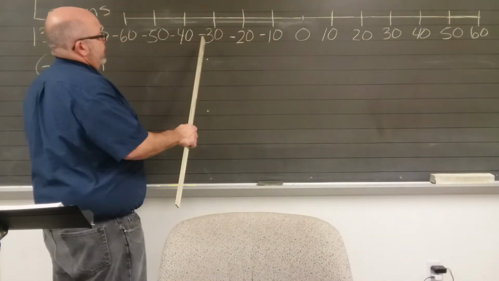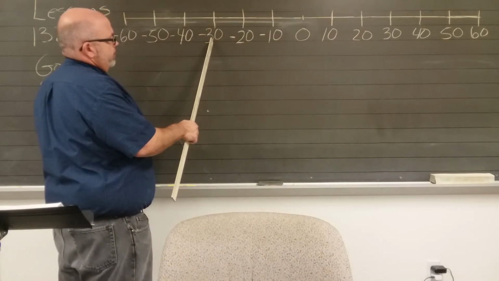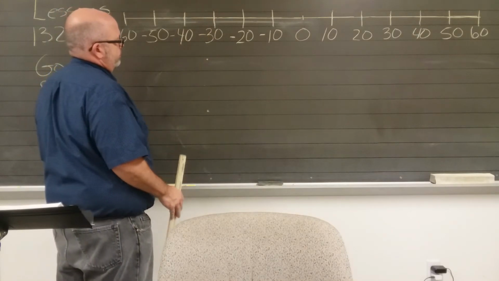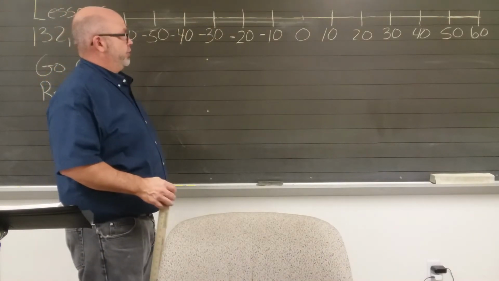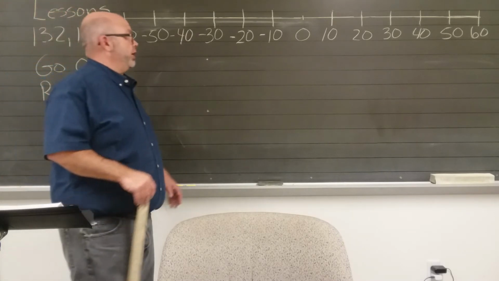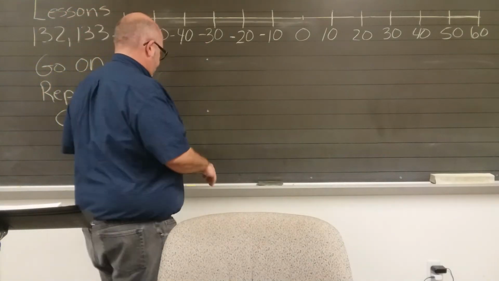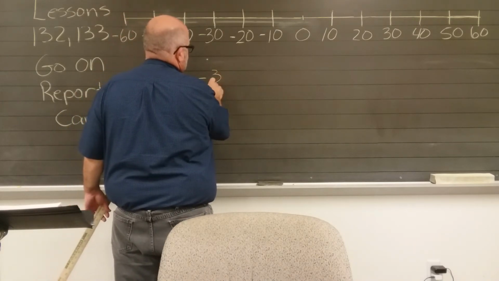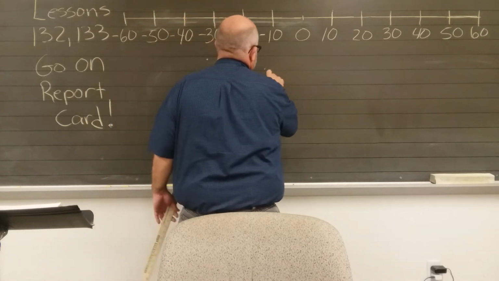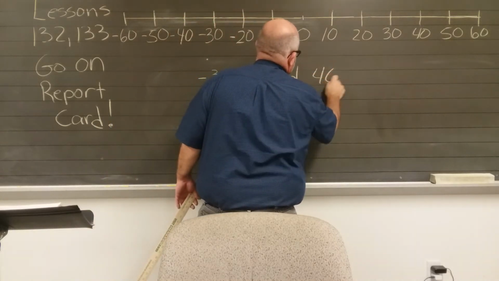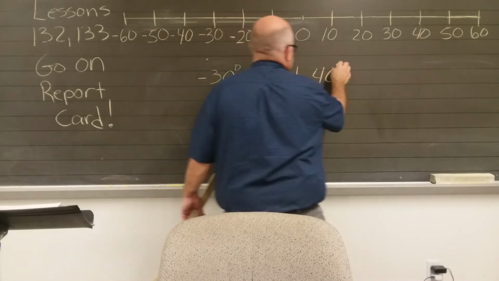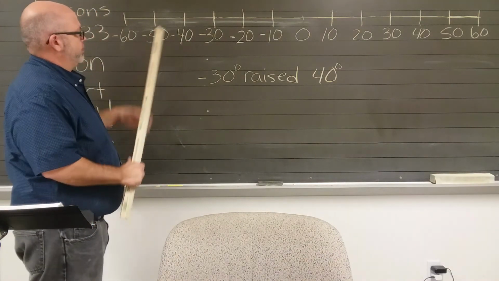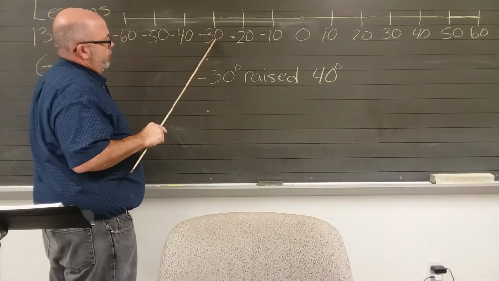So, if the temperature was negative 30 degrees in the morning, it raised 40 degrees. So it started out early in the morning at negative 30, and it raised 40 degrees. What is my temperature now? So looking at this number line, you're at negative 30.